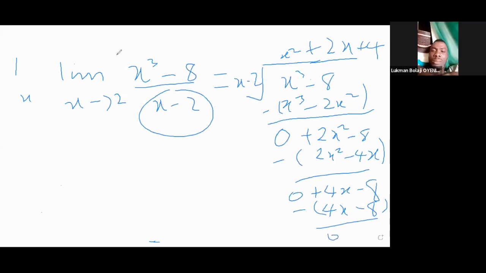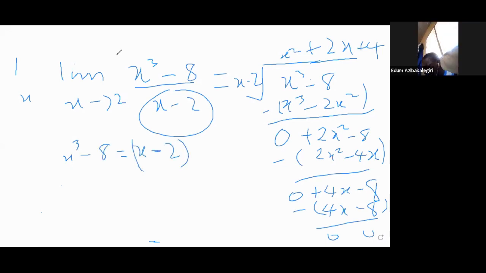Tell me, this expression is s minus 2 bracket s squared plus 2s plus 4.